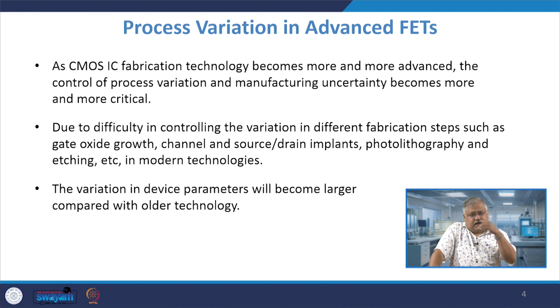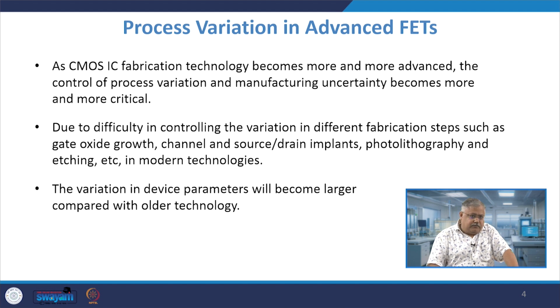Now, because of these uncertainties, as a designer you are also supposed to look at the process variation, which means that if you give a nominal device, then this will be the characteristics. If you give a process variation based device, this will be the characteristics, so that the users are aware a priori about the ill effects of process variations.